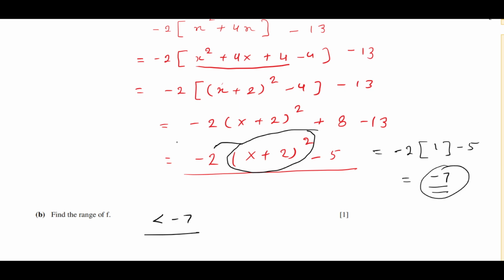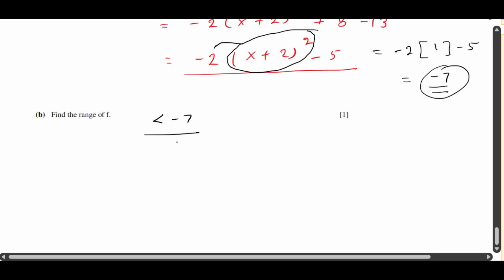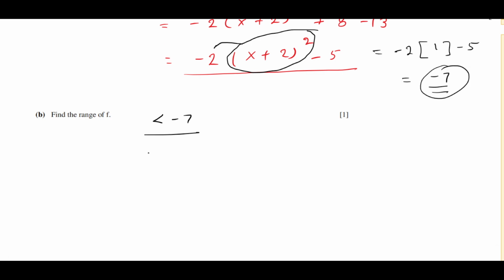You can write it like this, or there is one more way: from negative infinity to minus 7. These are the ways of expressing your range. So this is a problem related with range. We have to find the range.